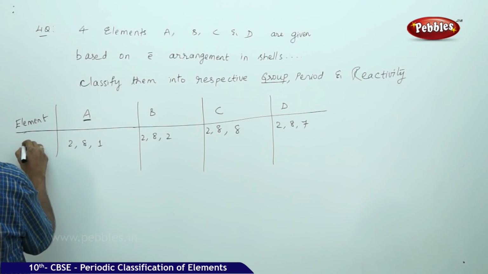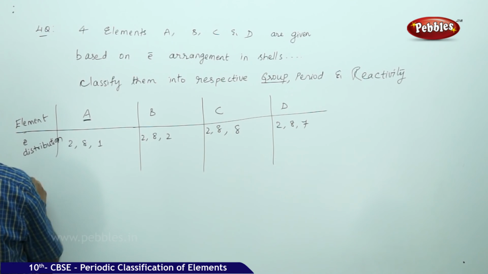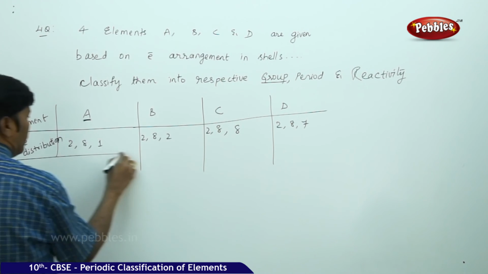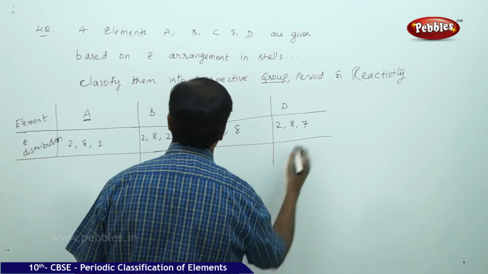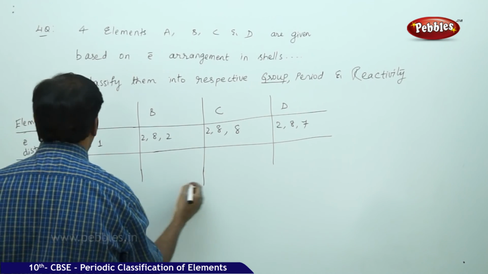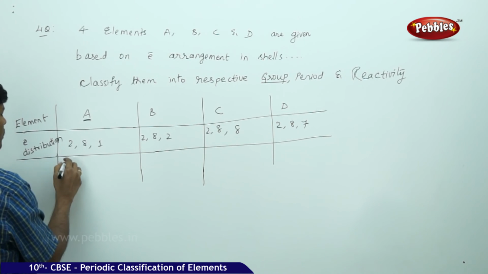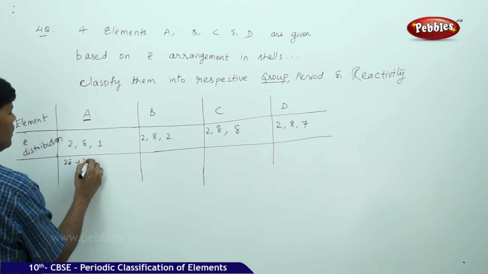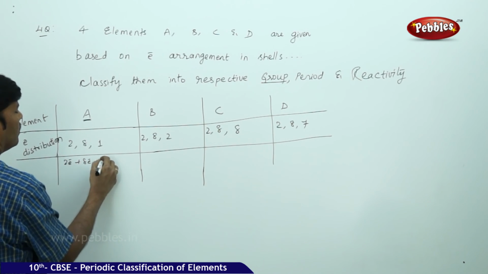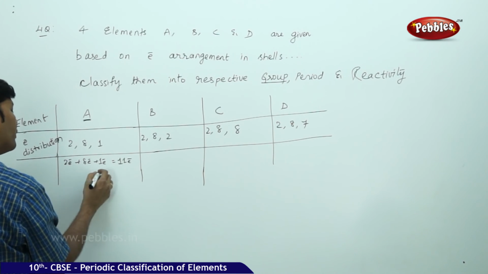Element, electron distribution. Here you add all the electrons. So 2 electrons plus 8 electrons plus 1 electron, total 11 electrons. 11 means it is going to be sodium.